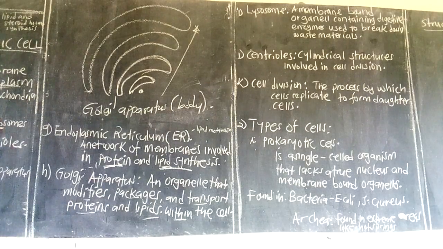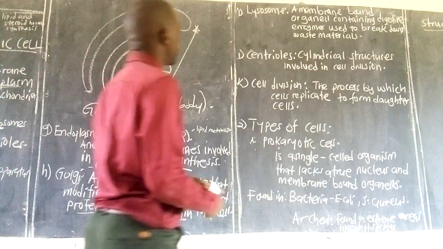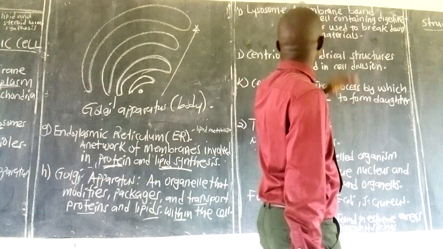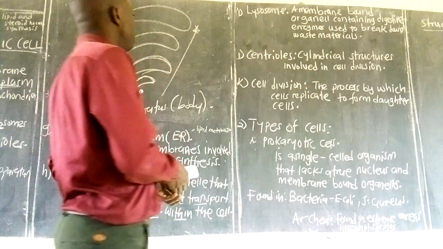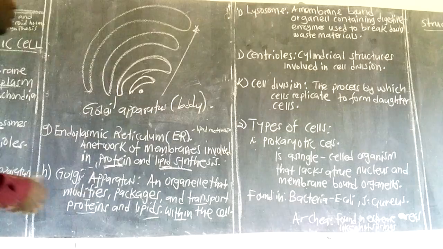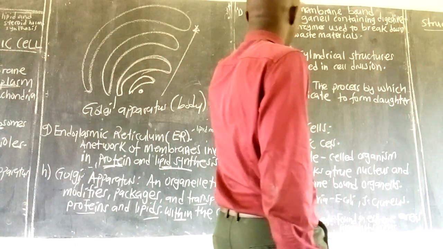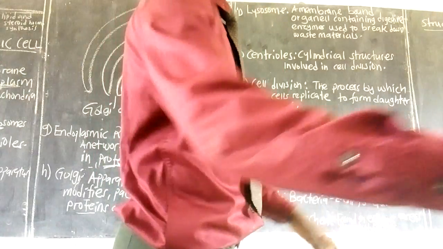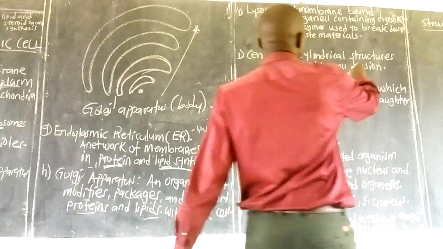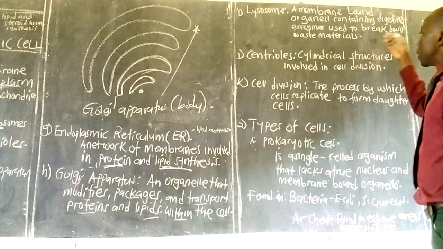So then from the Golgi apparatus, we shall move to what we call the lysosome. The lysosomes are a membrane-bound organelle containing digestive enzymes used to break down waste materials.